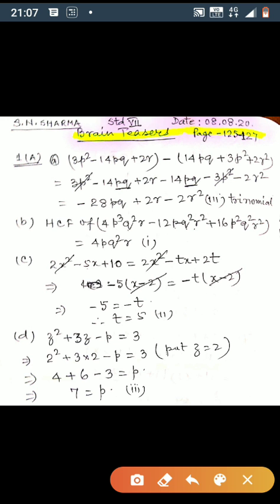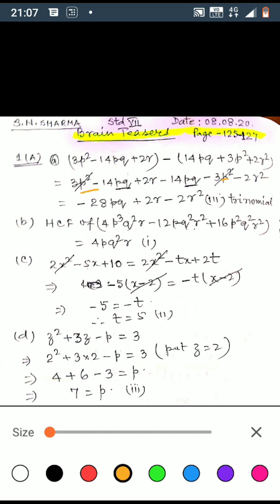It can be written as 3p² − 14pq + 2r − 14pq − 3p² − 2r². Now 3p² minus 3p² cancel. Now −14pq and −14pq are like terms, so add them. You will get −28pq + 2r − 2r².